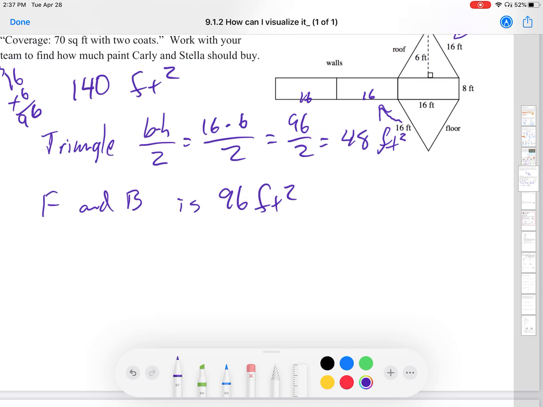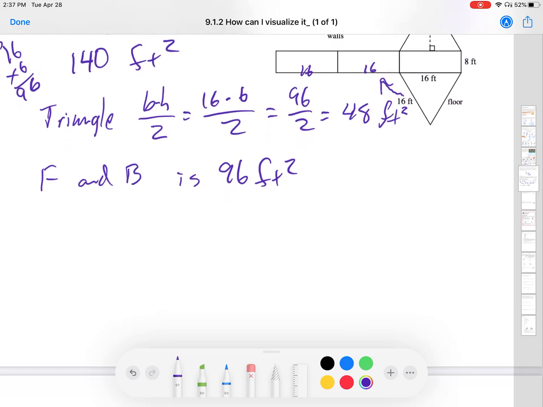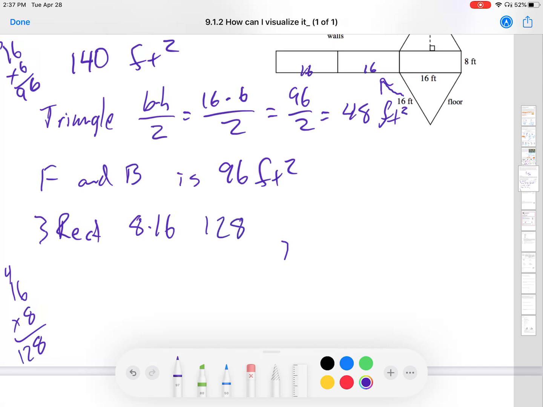So there are 3 rectangles, and those are 8 by 16. 16 times 8 is 128. But I need to multiply it by 3 because I have 3 of them, for a total of 128 times 3.